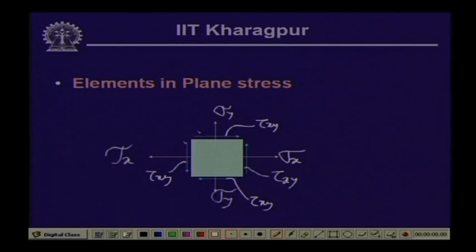Now, since all the shearing stress components are tau x y, we can simply call these tau. So, we have the normal stress components sigma x, sigma y, and the shearing stress component tau.